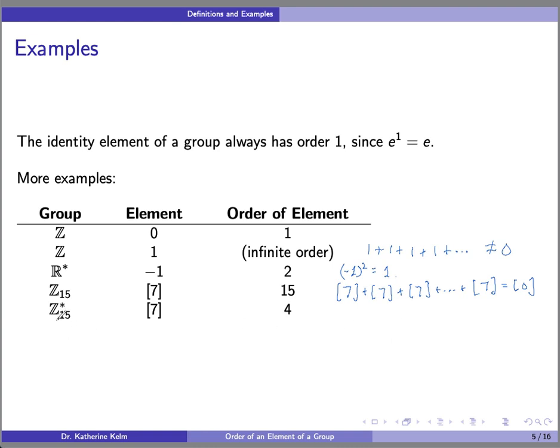On the other hand, in Z15 star, which is a group under multiplication, the class of 7 has order 4, since certainly 7 to the 1 is not equal to the class of 1. The class of 7 squared is the class of 49, which is the class of 4, which is not 1. The class of 7 cubed, which is 7 squared times 7.